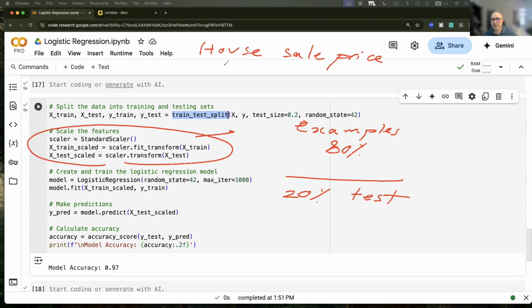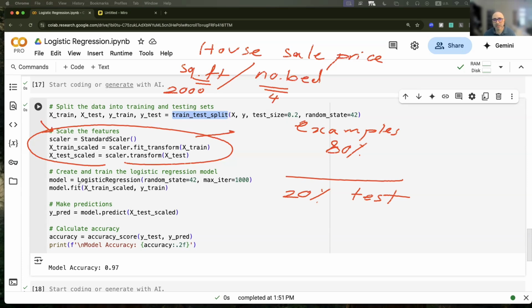But you can have house size in square feet, and the number of bedrooms and bathrooms. These are in different ranges. For instance, 2,000 square feet and 4 bedrooms. When you use gradient descent to calculate the coefficients, and we are using gradient descent here too, it affects the model. That's why we scale.